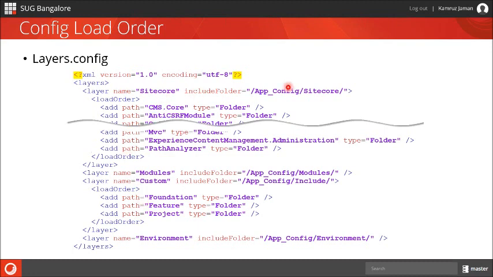You may have noticed that these are the 4 layers that I was speaking about earlier. So Sitecore, modules, custom, and you'll notice custom is the include folder, and environment. If you wanted to, for some reason, add another layer in here, you could just copy this line, give it a unique name, point it to somewhere else.